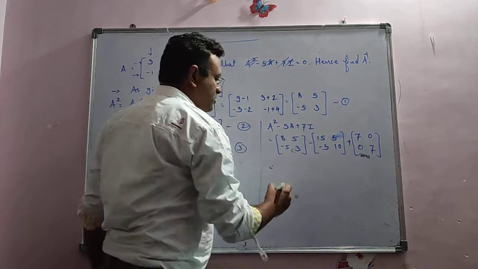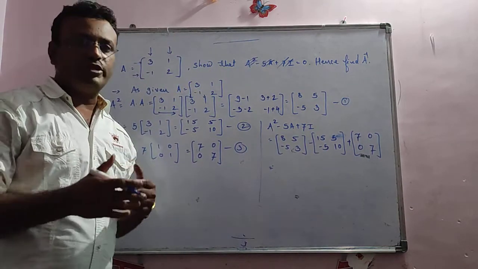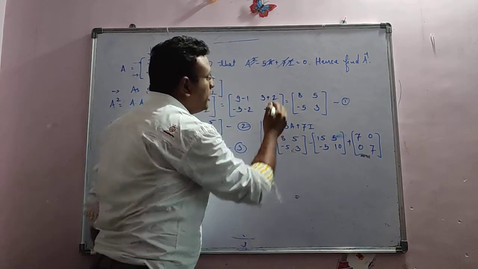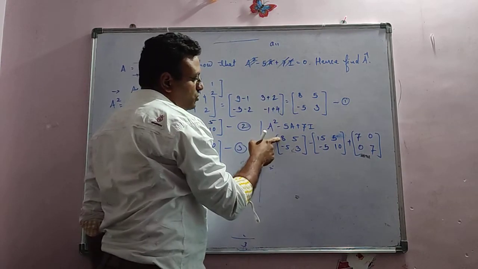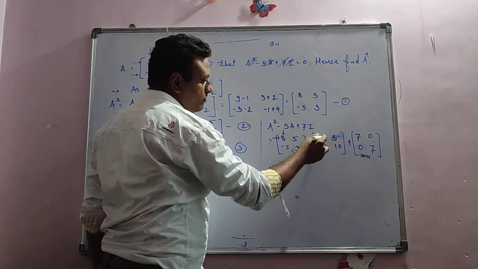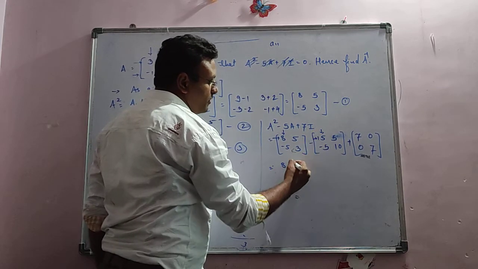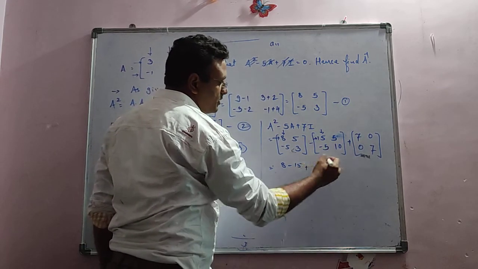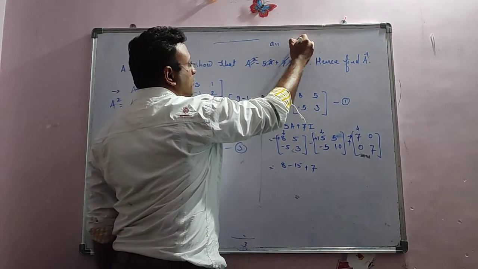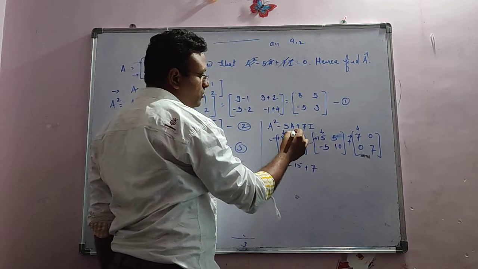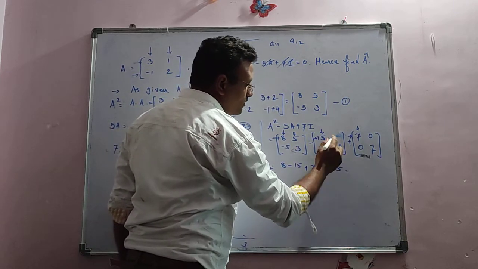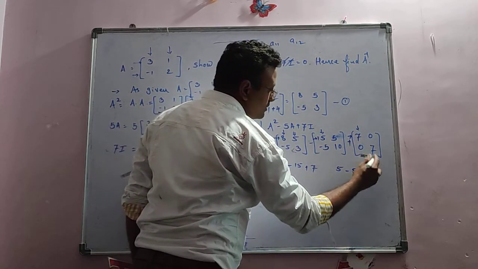When adding or subtracting two or more matrices, we have to operate on the corresponding elements. Like here, the first row first column element: 8 minus 15 plus 7. Similarly, the first row second column: 5 minus 5 plus 0.